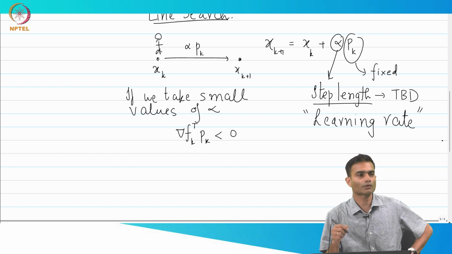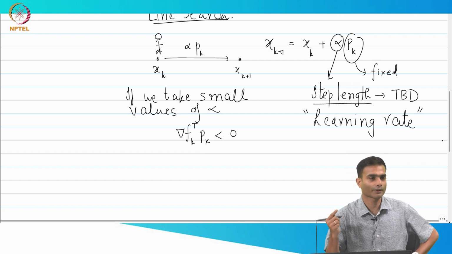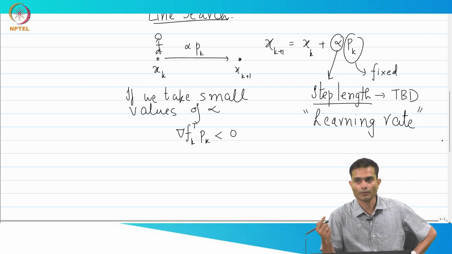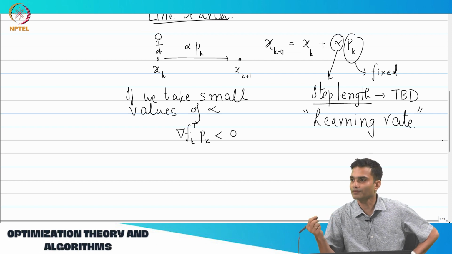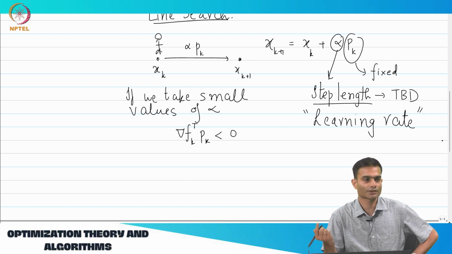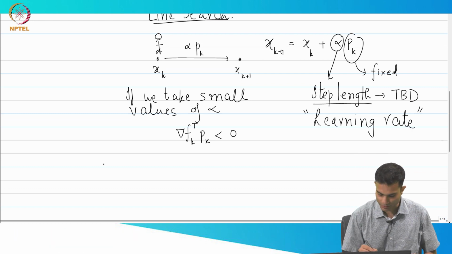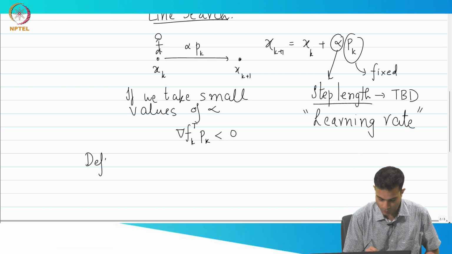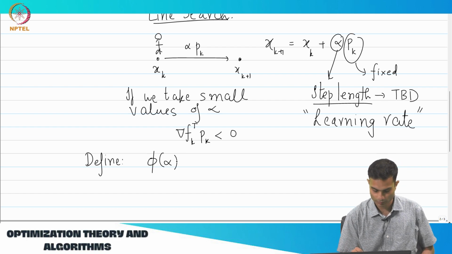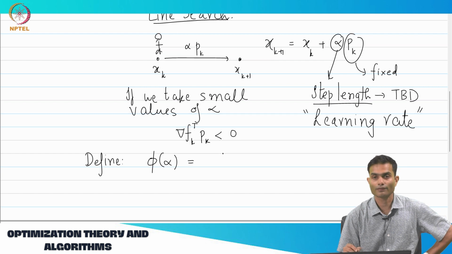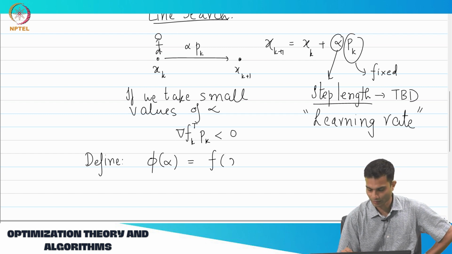See, remember alpha is a scalar quantity, which is what I want to compute. So what will be convenient is for me to define a scalar function of alpha which captures the whole dynamics of it. So I'm going to define a new function. I'm going to call it phi of alpha. This phi of alpha is nothing but a rewriting of this guy.